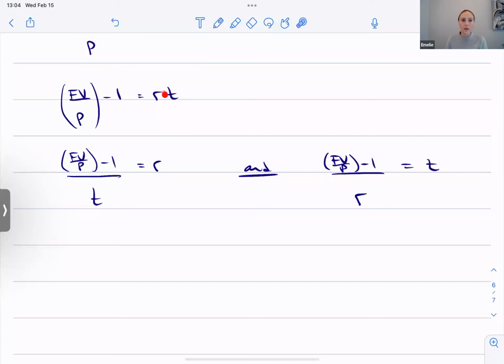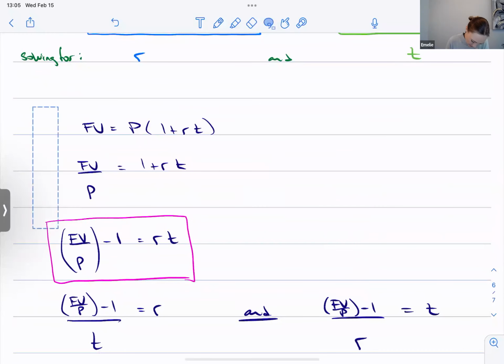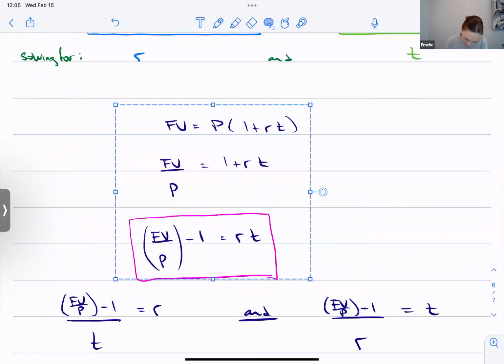So from here, I can solve for either one, right? Because they're being multiplied together, they're going to be the same, right? So from here, and you know what I'm realizing is I should maybe move these to the center here.